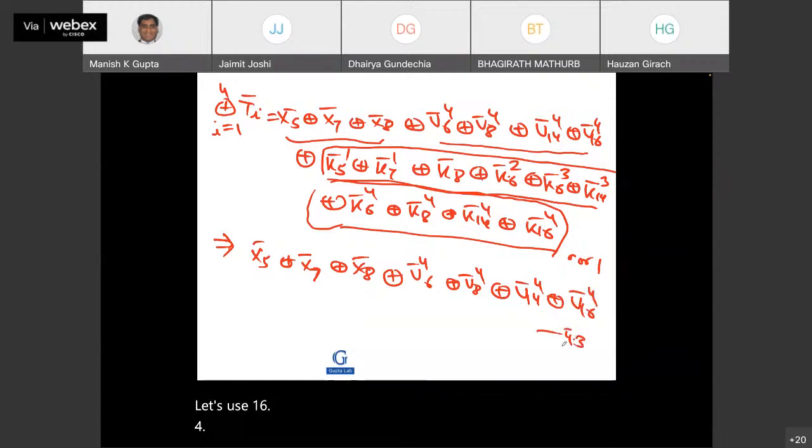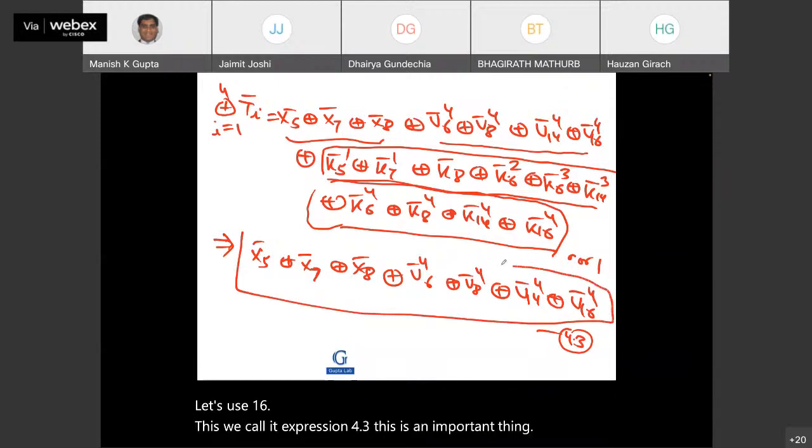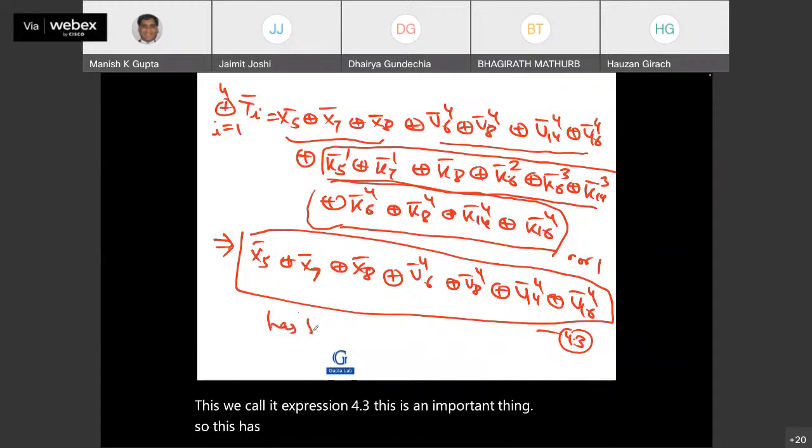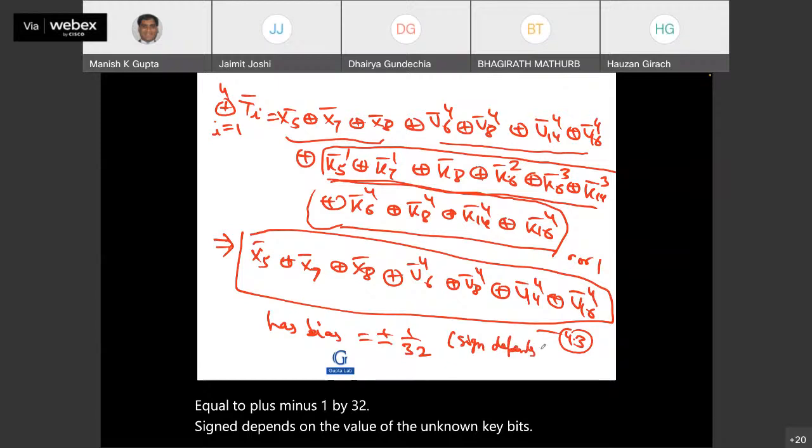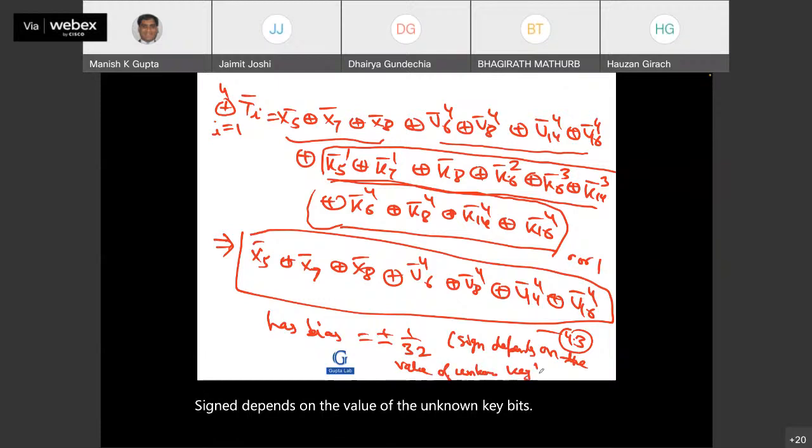This we call expression 4.3. This is an important thing. This has bias equal to ±1/32. The sign depends on the value of the unknown key bits.